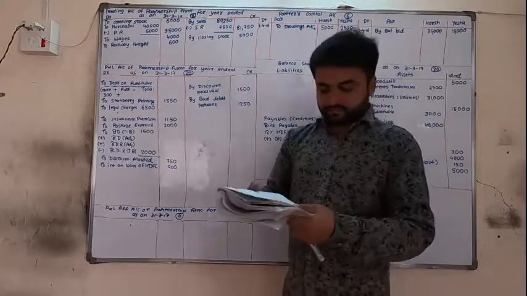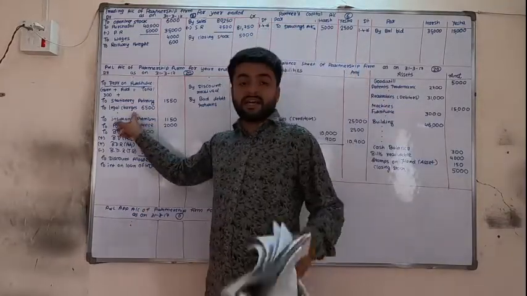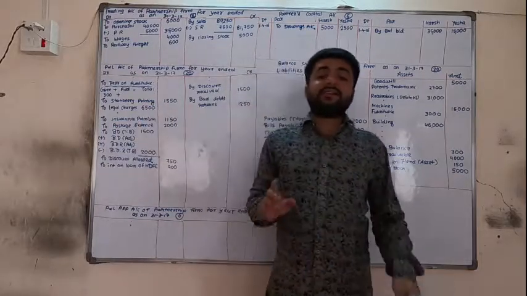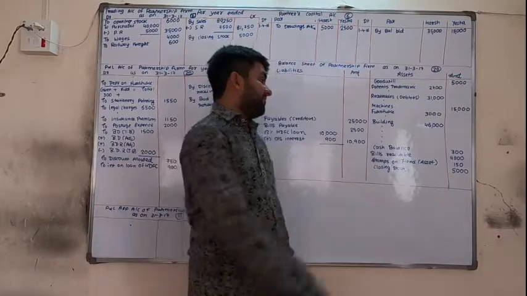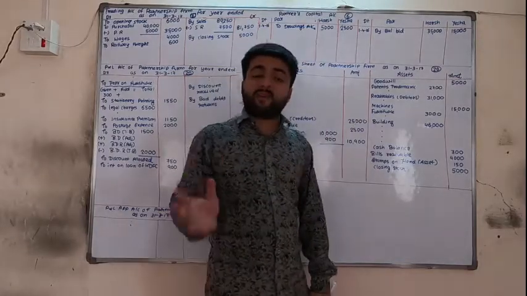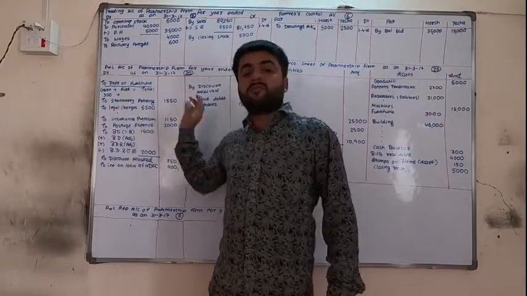Next, legal charges included. This legal charge is included. Legal charges for purchasing the building should not be included here, because if we are purchasing any asset then its expense should be added to it, but we have added it here. So by mistake we have added it here, so subtract from here.